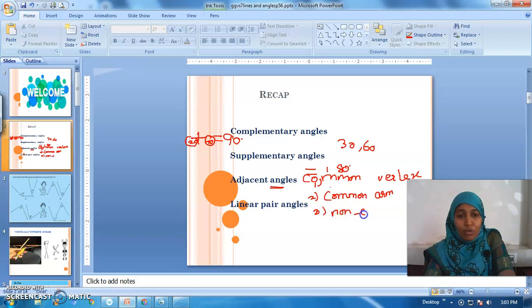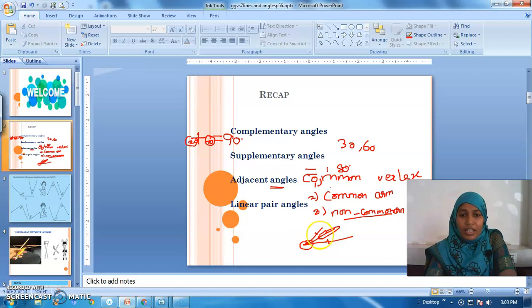We will have two non-common arms, and those two should lie on either side of the common arm. Hope it is clear. For example, here this is the common vertex, this is the common arm, and these two are non-common arms lying on either side of the common arm. If it satisfies all these three conditions, then we can call them adjacent angles.